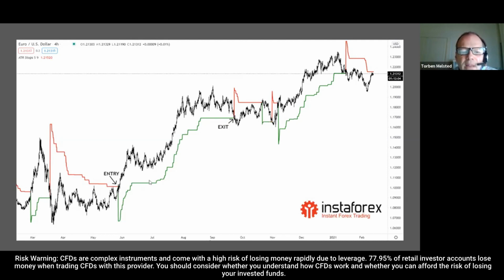If you use this, the nice thing is that it gives you a possible stop area all the way. And when it closes below this green line here for the first time, then it turns red and says now it's exit, and maybe even sell if you want to do that.